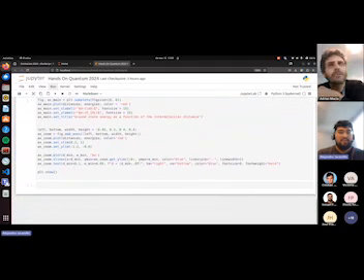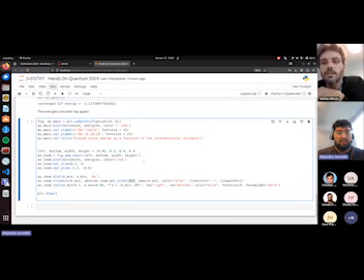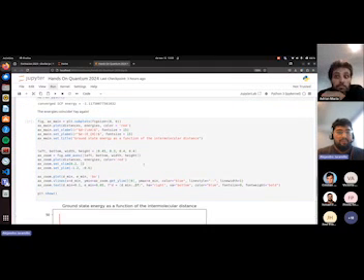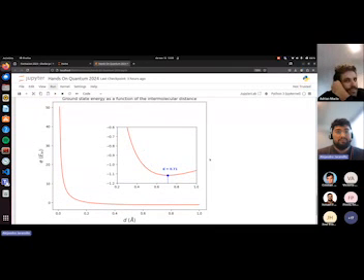And now, just to illustrate the result, we are creating this plot that shows the ground state energy as a function of the intermolecular distance. And here we have a zoom between the 0.2 and 1 range.